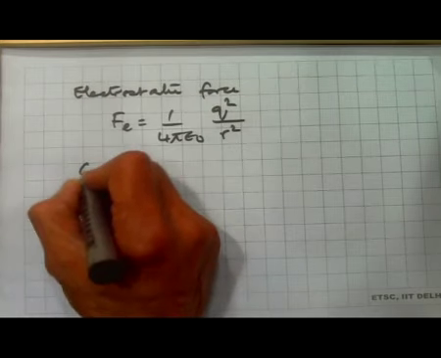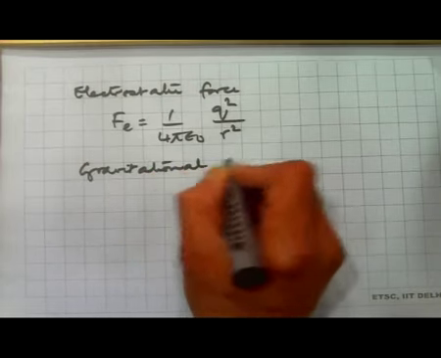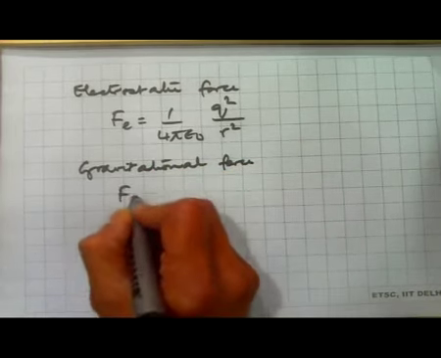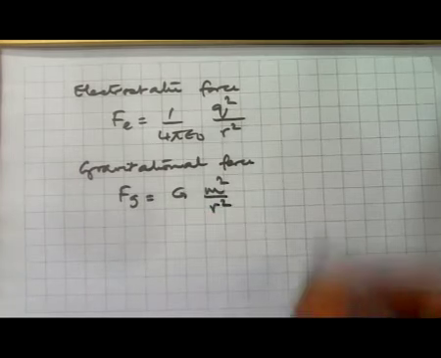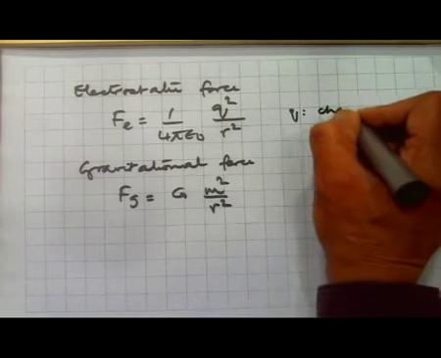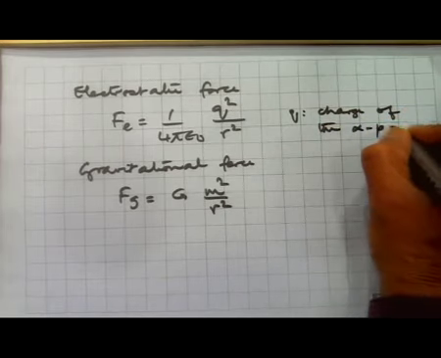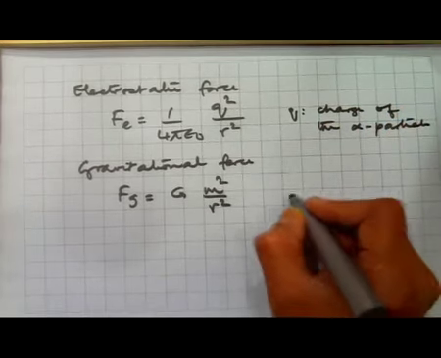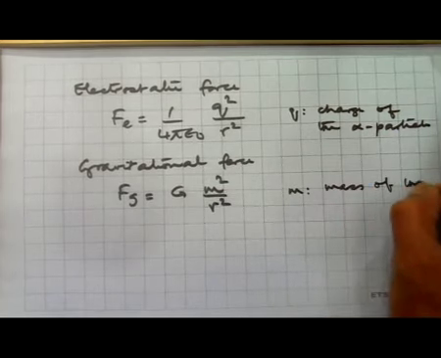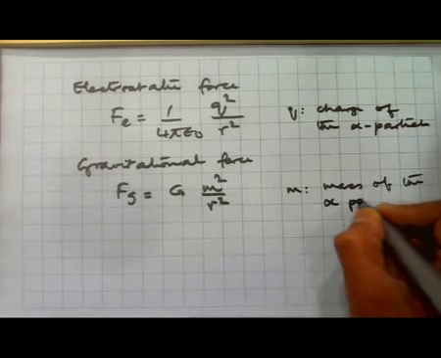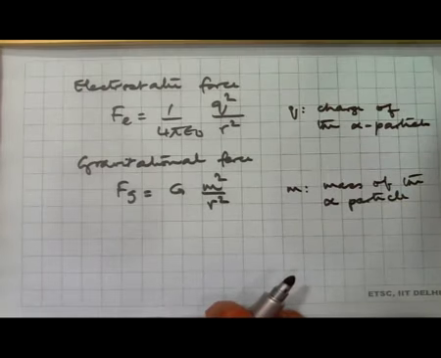The gravitational force is G m square by r square. So, q is the charge of the alpha particle, m is the mass of the alpha particle, and G is the gravitational constant.